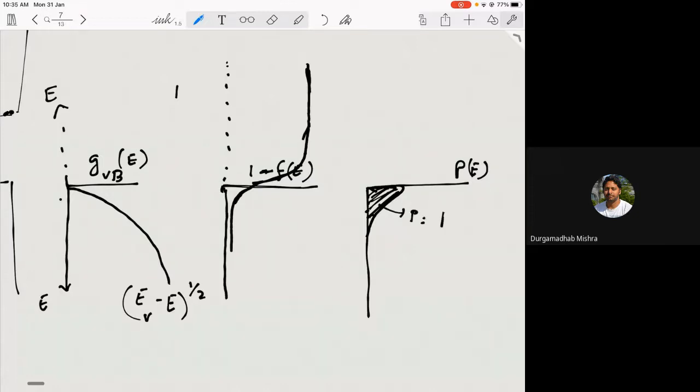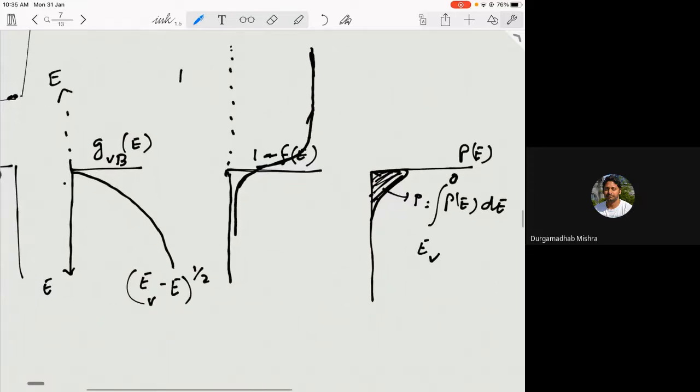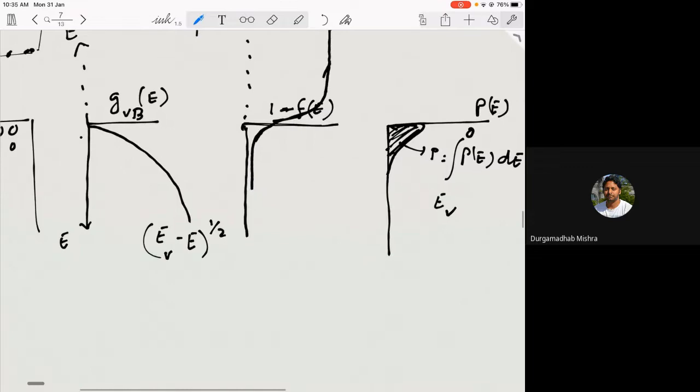Now if I take the area under this curve, that will be my p. This integration will be from E_V to 0, the bottom of the valence band. The same mathematics we did earlier, you can do that.